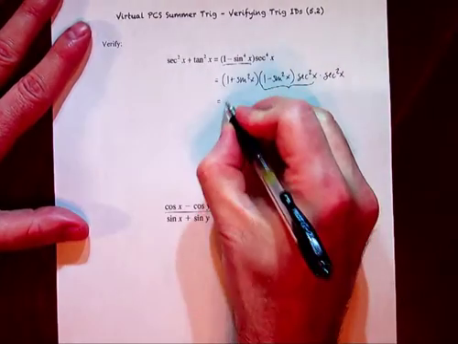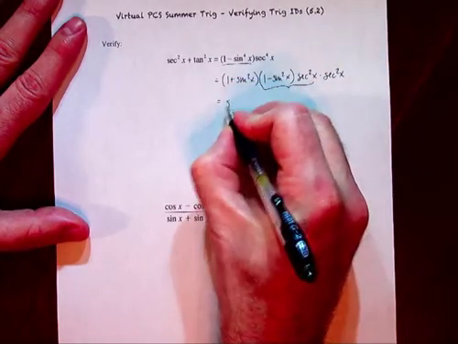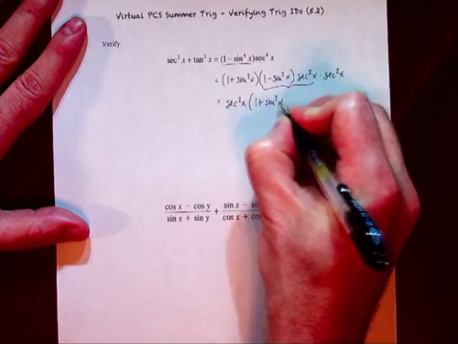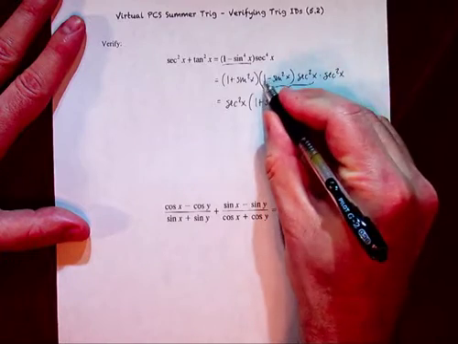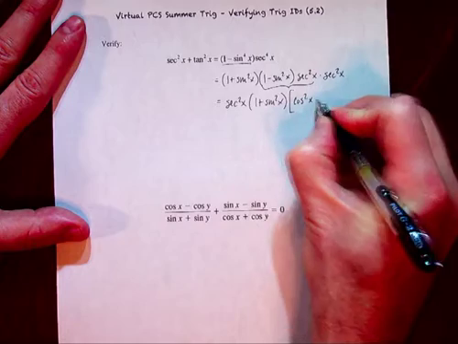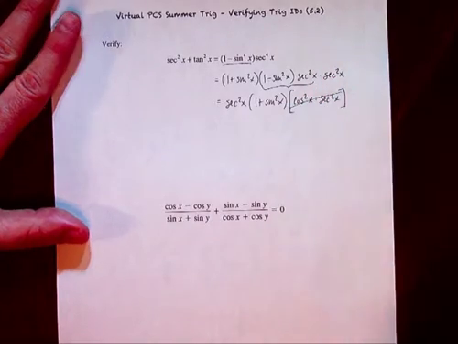And I'm going to take this secant squared and put it together with this 1 plus sine squared, and then show that this 1 minus sine squared becomes cosine squared, and when it gets multiplied by this secant squared, it becomes 1.